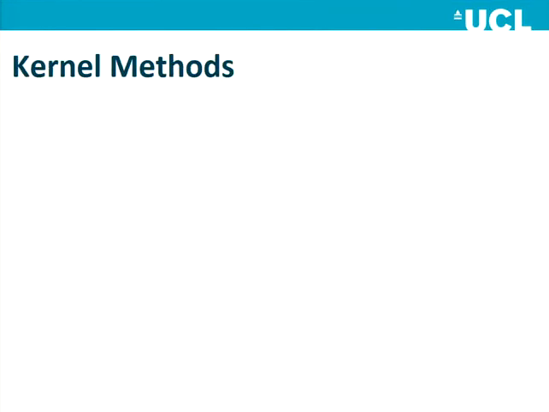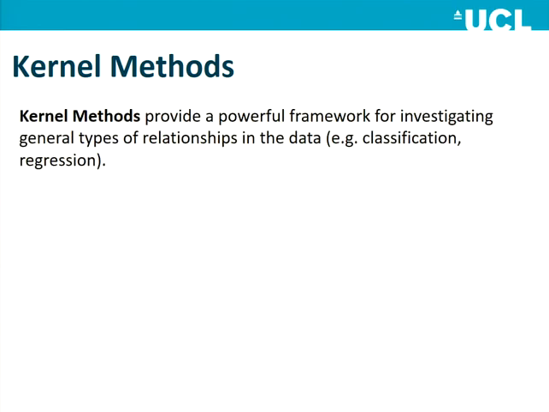The other concept I want to briefly touch on is kernel methods. The advantage of kernel methods is that they make things computationally more efficient. Kernel methods are also a branch of machine learning, a framework that is quite powerful for investigating relationships in the data in general, such as classification and regression.